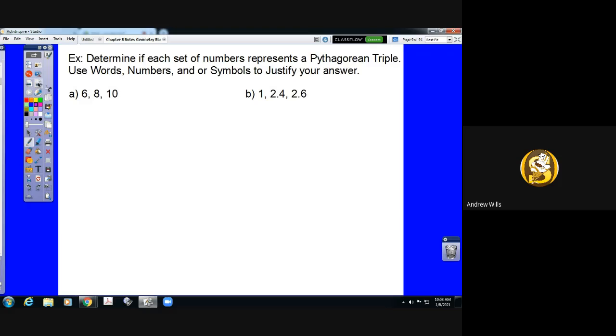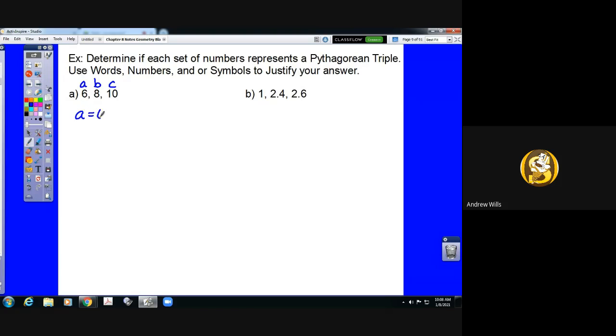6, 8, and 10. In the chat, tell me which one of those three numbers is C. Which one is C? See those numbers flying in there as people pay close attention to me. Outstanding. C is 10. That means A and B are the other two numbers.